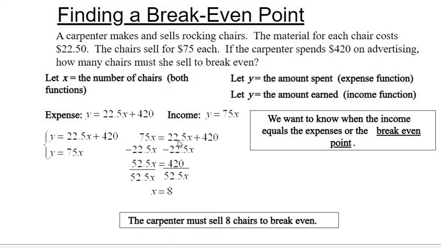What does x represent? It represents the number of chairs. So the carpenter must sell 8 chairs to break even. After 8 chairs, he can get profit from his investment.